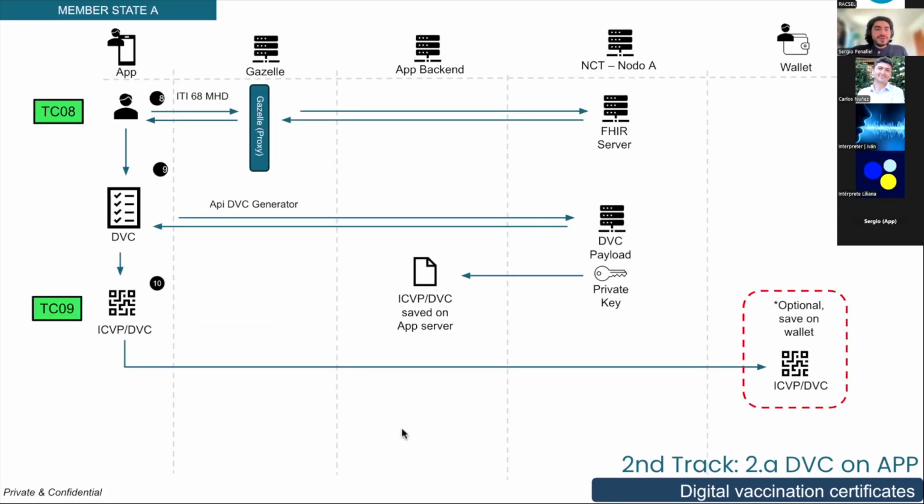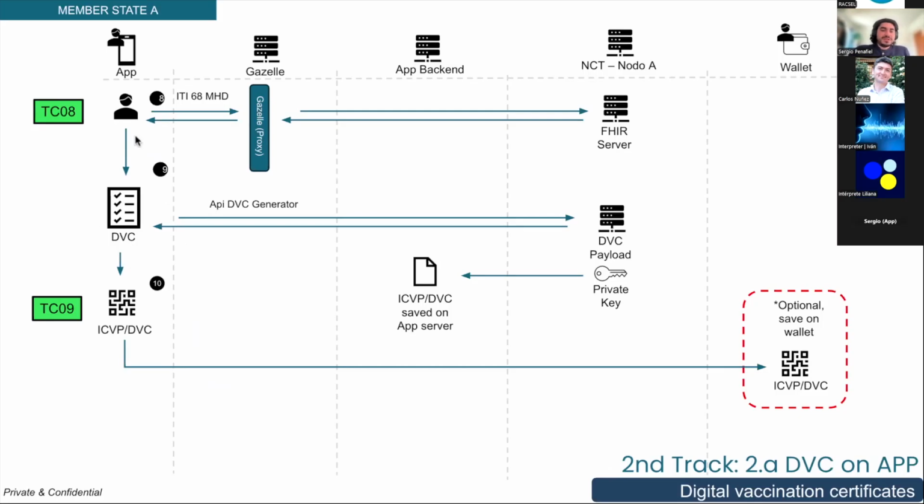But then the new part begins here, which also includes the application as a device to be used in the case. Similar to track 1, the patient from the application will be able to create the ICVP certificates, and that's what we want to test in this use case. So for this, the procedure in order to create ICVP is very similar.